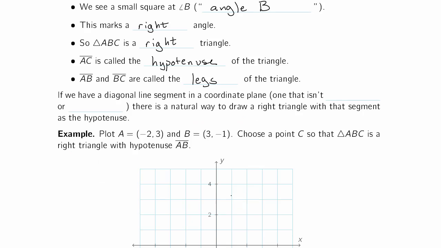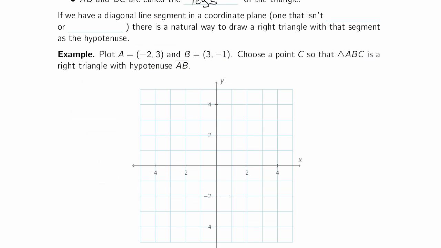And part of it is that when we have a coordinate plane, we've got all these perpendicular lines. Right? We have the horizontal grid lines and the vertical grid lines, and they're perpendicular. Which means that if we have a diagonal line segment, that is, a line segment that isn't horizontal or vertical, we have a natural way to draw a right triangle with that segment as the hypotenuse.